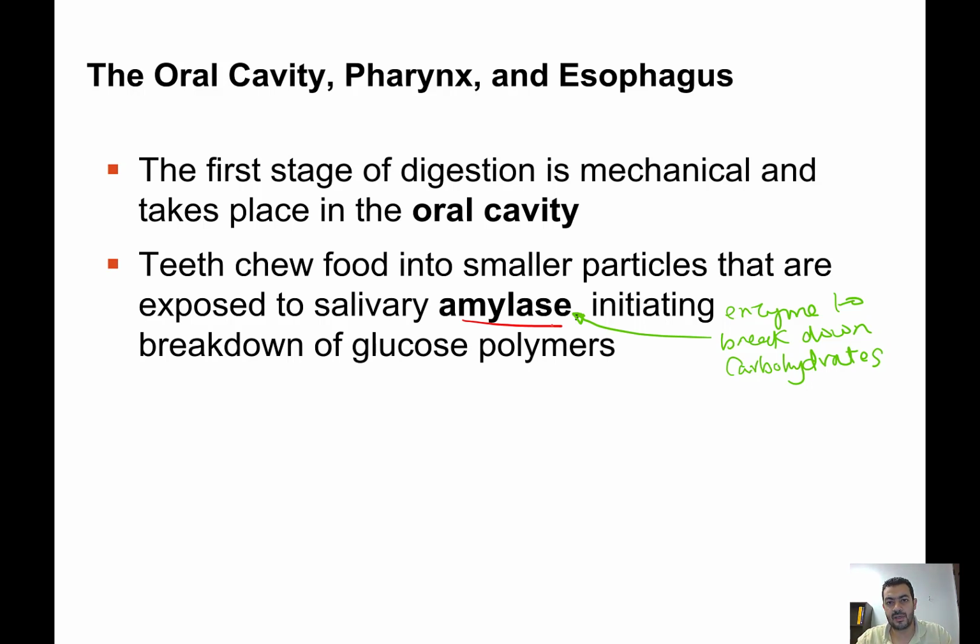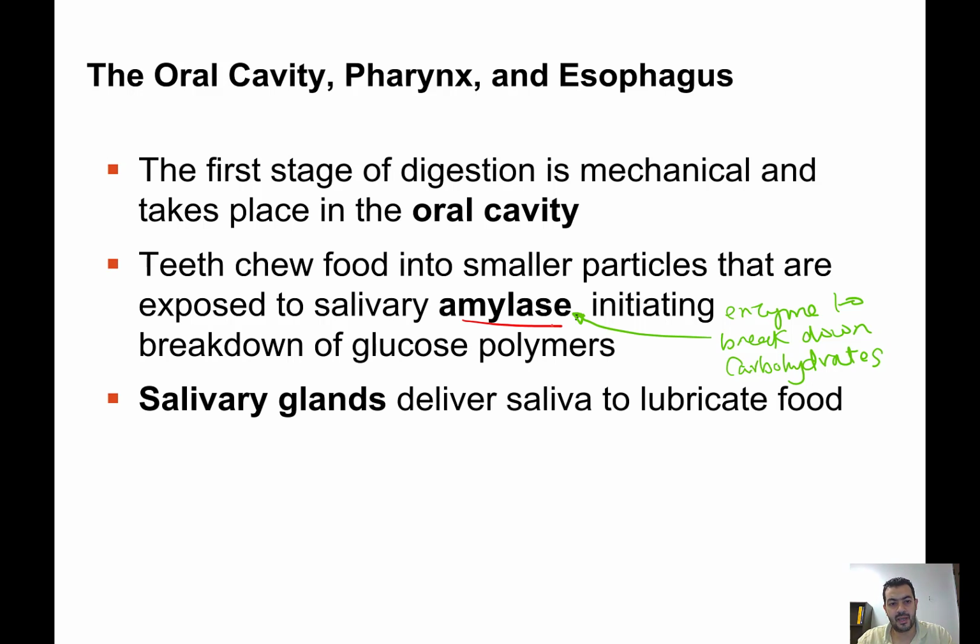As you remember, we said the macromolecules we consume are composed of carbohydrates, proteins, nucleic acids, and fats. The salivary amylase will specifically work on the carbohydrates, breaking them down into smaller sugar molecules.